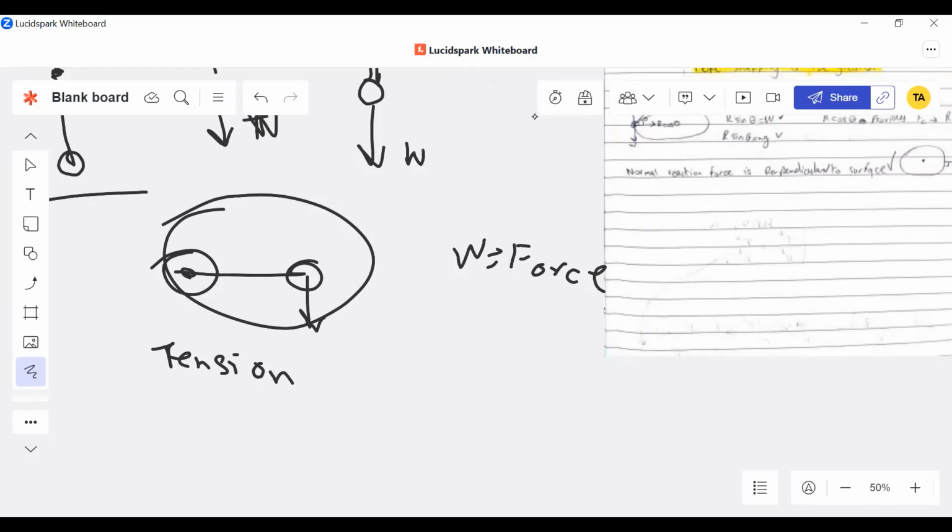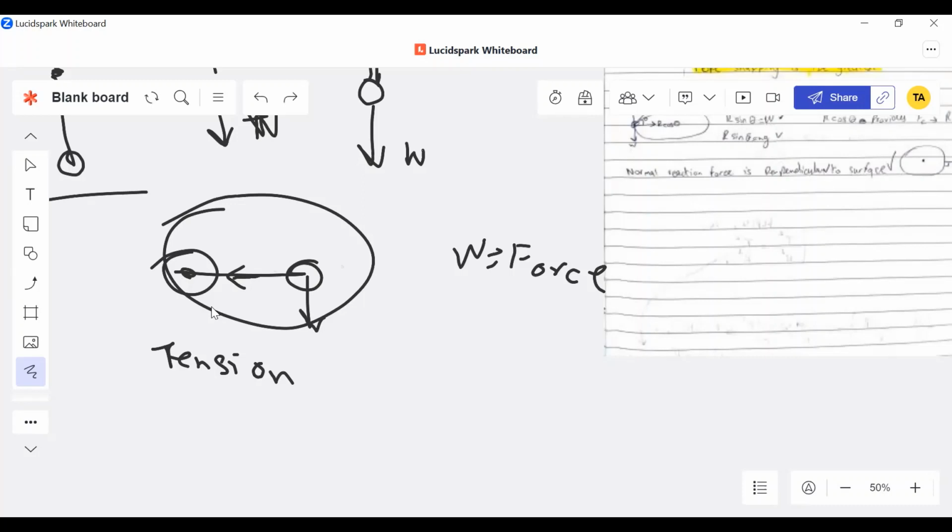Yeah. So tension will be in the opposite direction to the ball. In this case, tension will point away from the ball. So this way. This will be the case if the ball is at the center.